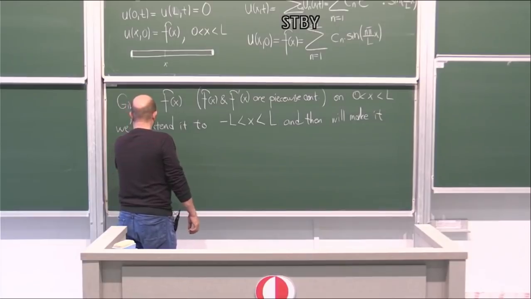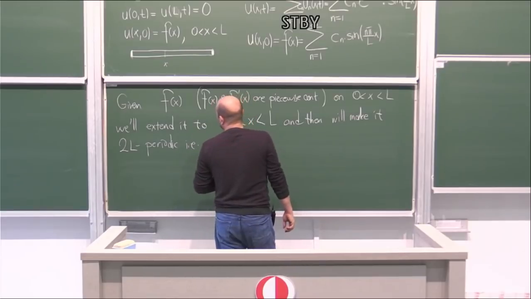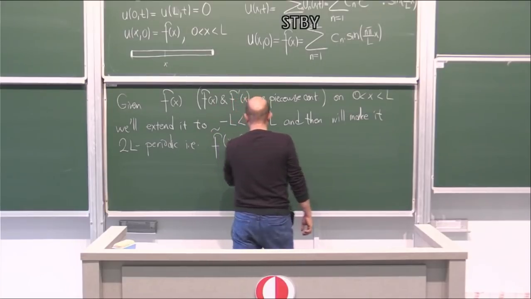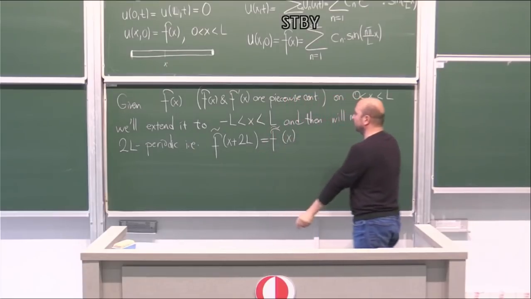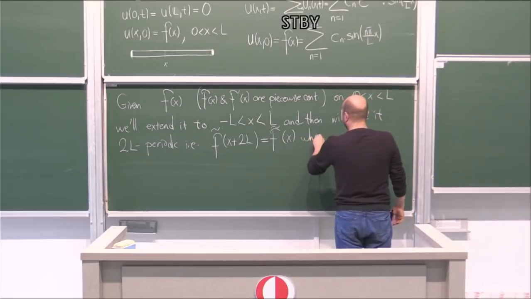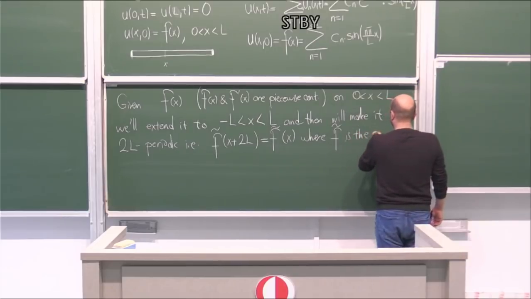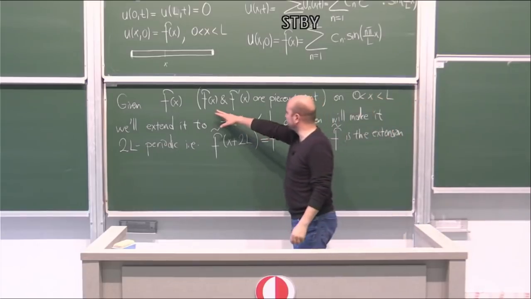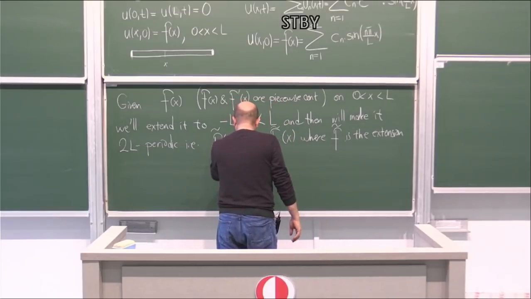In other words, f tilde of x plus 2L is equal to f tilde of x, where f tilde is the extension. So you will extend it, you will get f tilde, and then you will make it periodic.